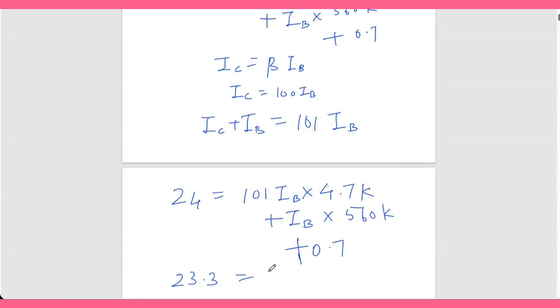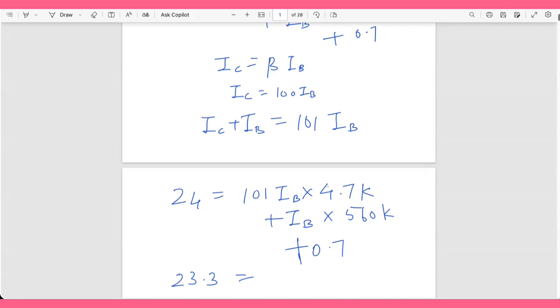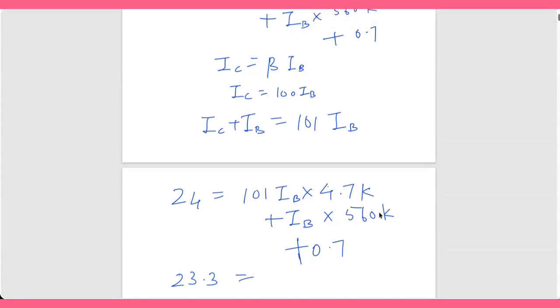Can you tell me? This part. Sir, 101 into 4.7, sir. Yes, this part. I'm just redrawing it. Sir, 474.7. 474.7 and add 560.